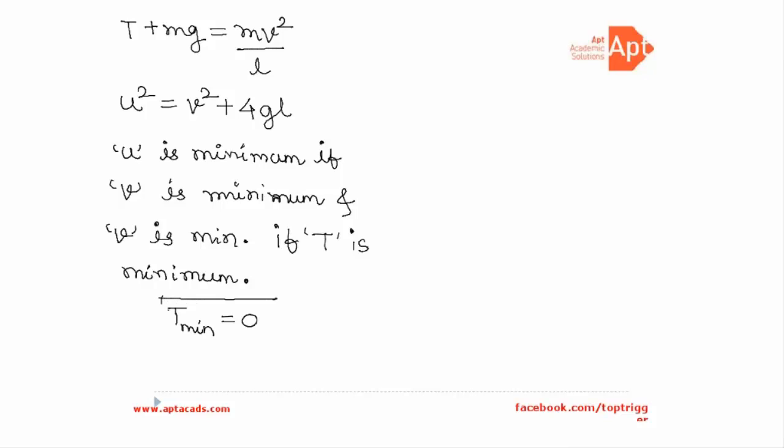So substituting the value of T minimum in the first equation, we have mg is equal to mv square by L, or we simply get v square is equal to gL. This v is the minimum value of v.